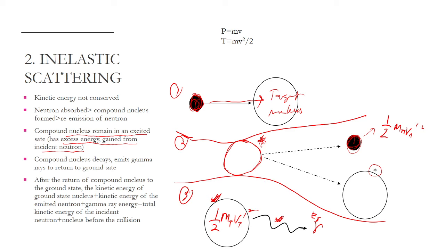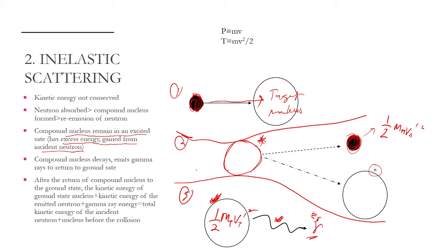So at the end, after the scattering occurs, you now have three different entities: the recoil neutron, the recoil nucleus, as well as the gamma ray.